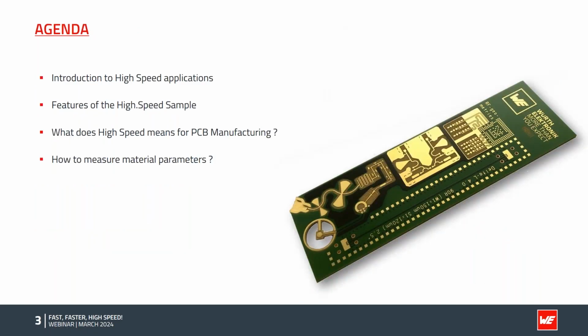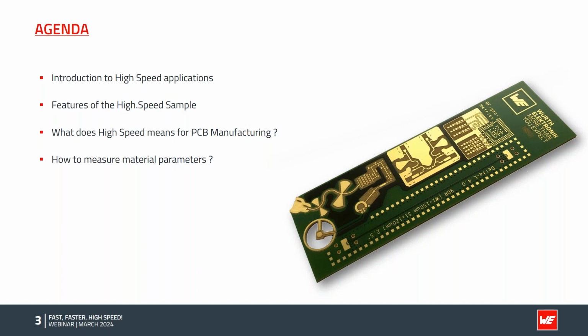Our agenda for today is the introduction to the high-speed topic, to sort out what we are including, what is special, and whether we can group some special applications. Main focus will be the features of our new high-speed sample, which gives you a chance to really get a touch of this complex topic.